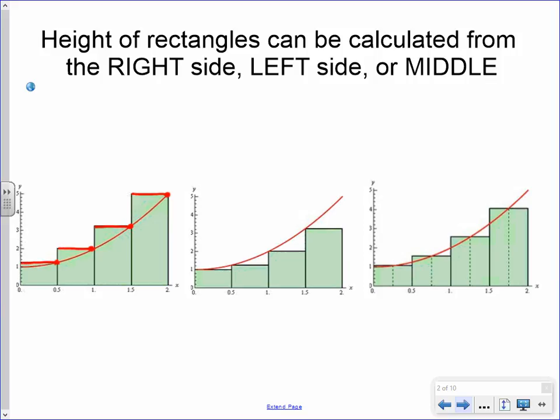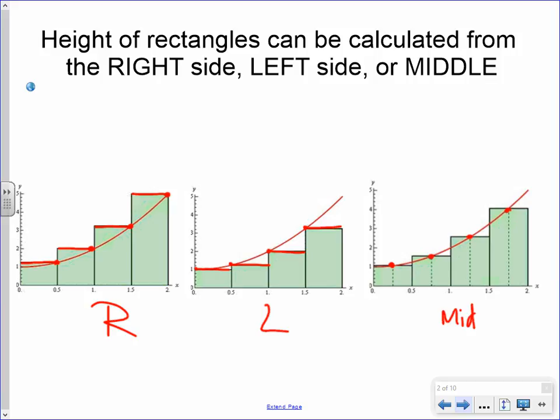Or, these are left, where the left side of the rectangle gets the height from the curve. Or we can take the middle of the rectangle and use the curve to give us the height of our rectangle. So we're going to do it 3 different ways today.